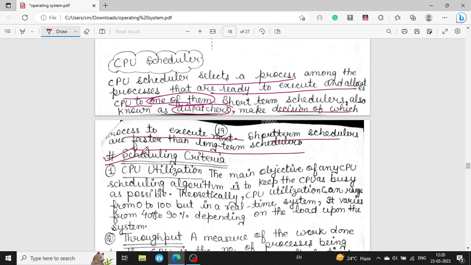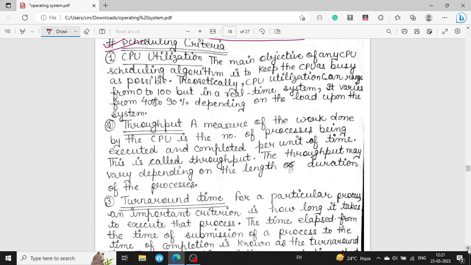Now next point is scheduling criteria. First scheduling criterion is CPU utilization. The main objective of any CPU scheduling algorithm is to keep the CPU as busy as possible. Theoretically, CPU utilization can range from 0 to 100 percent, but in real life it varies from 40% to 90%, depending on the load on the system.